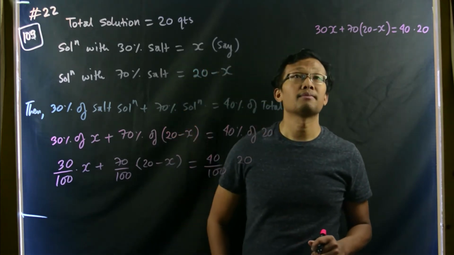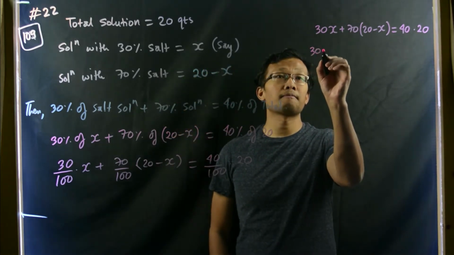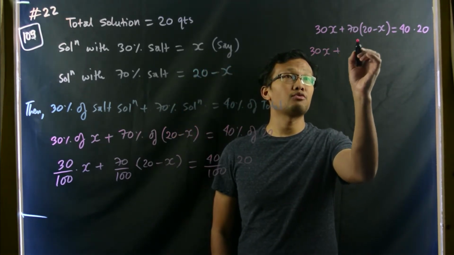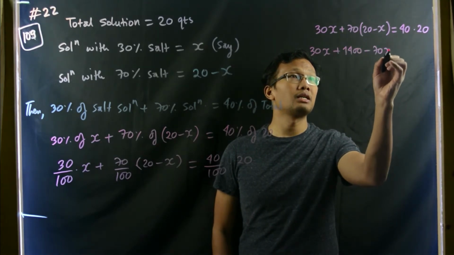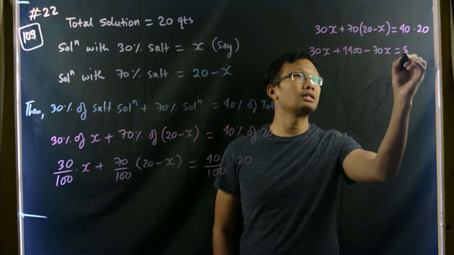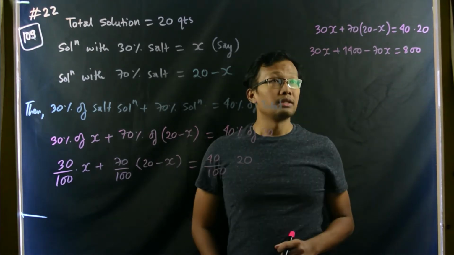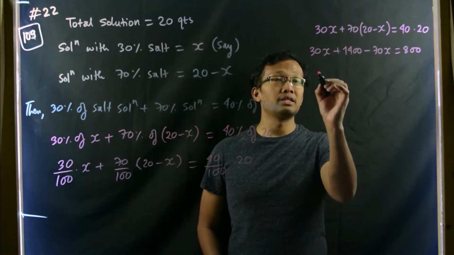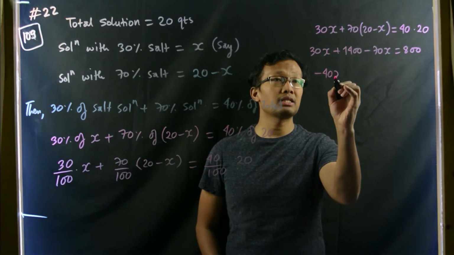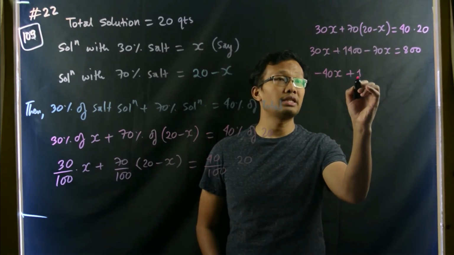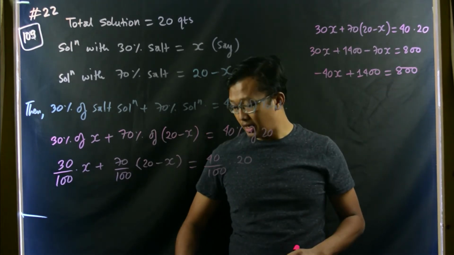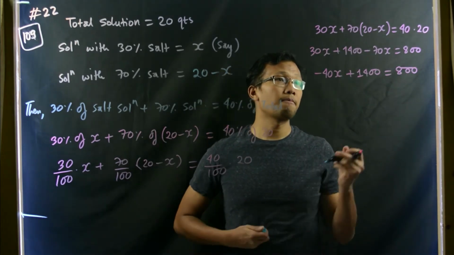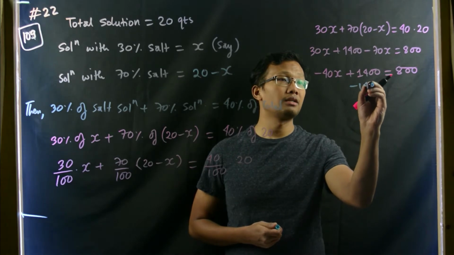If we do that, this is 30x plus 70 times 20 is 1400 minus 70x equals 40 times 20, that's 800. Then 30 minus 70 is negative 40x plus 1400 equals 800, and then subtract 1400 from both sides.